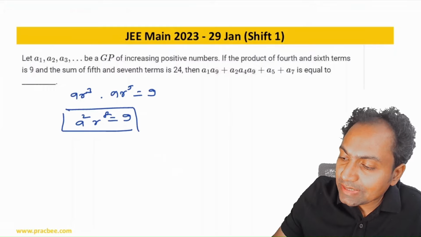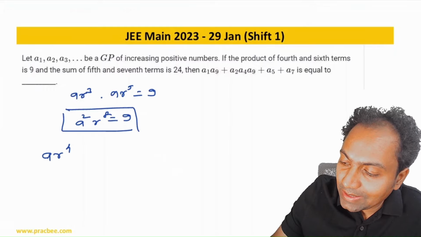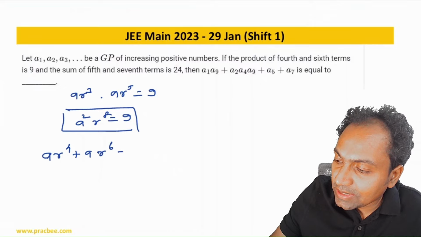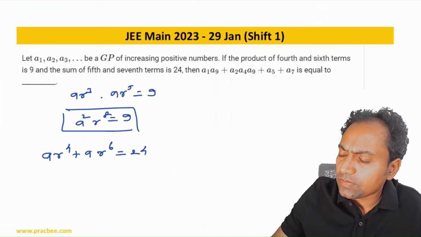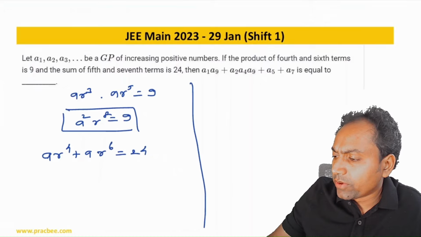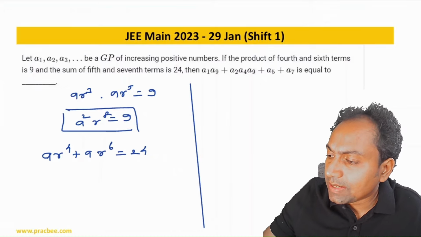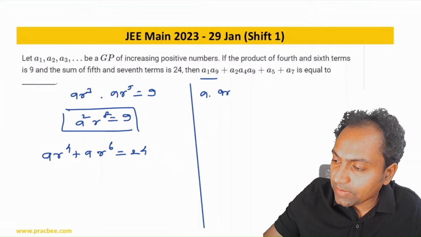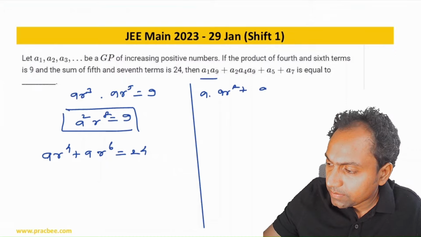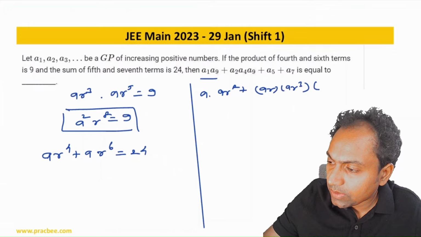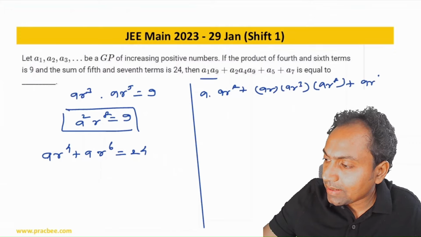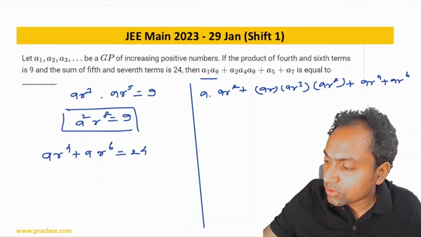Another condition says that the sum of the fifth term, that is ar raised to the power 4, and the seventh term, that is ar raised to the power 6, is nothing but 24. Now if I look into what they're asking me, they have given the first term a, the second term ar, the fourth term ar cube, and the ninth term ar raised to the power 8, and then ar raised to the power 4 and ar raised to the power 6.